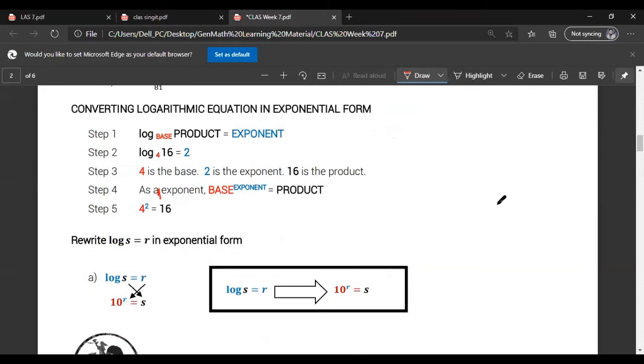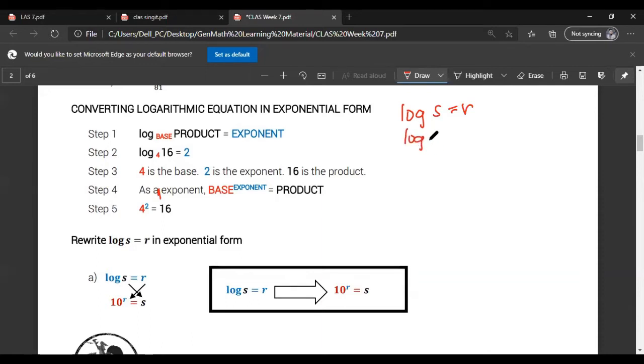Okay? So to give you some examples, we have logarithm of s equals r. Now, class, let me ask you, when there is no base, what is the base? 10. Very good.